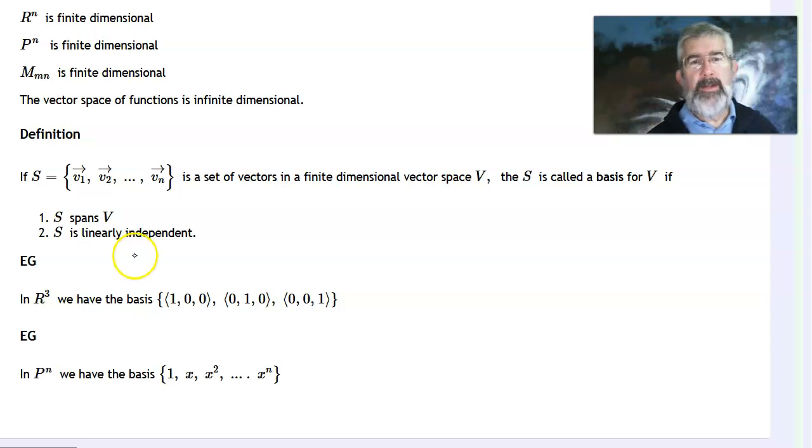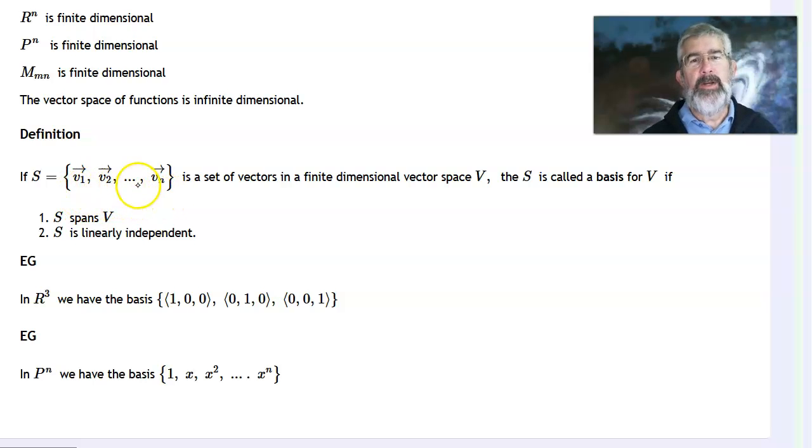So to say that S spans V is to say that everything in V can be written as a linear combination of those n vectors. To say that they're linearly independent is to say that none of those vectors can be written as a linear combination of any others, right? So in this way, you're saying that everything in V can be, this is a theorem that we'll have to prove in a subsequent video, but the idea here is that everything in the vector space V can be written as a linear combination of these things, and these things by themselves are not dependent on each other, right?